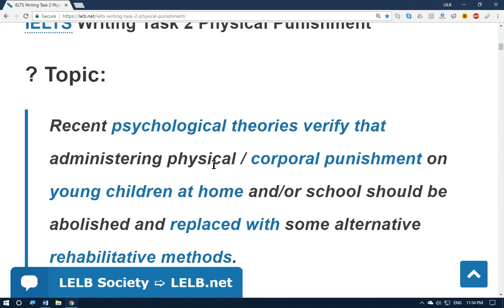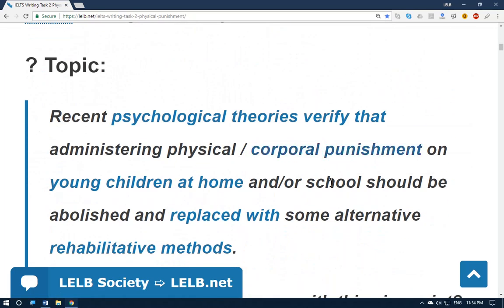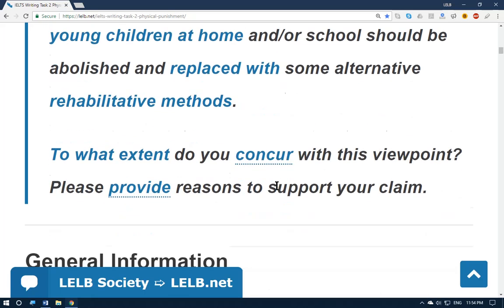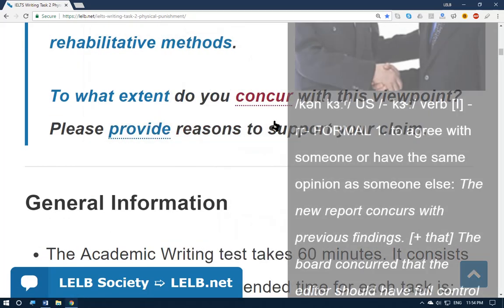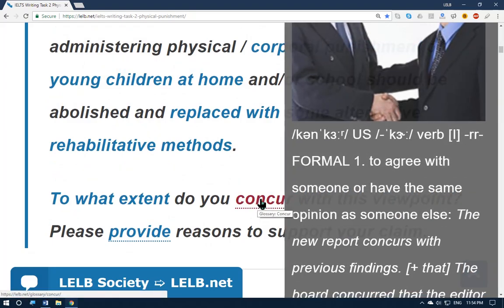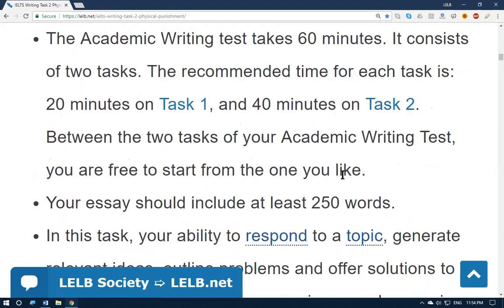Okay, before starting, let me show you the flashcards, because in the middle of this lesson I cannot zoom in and zoom out. So let me see. This is provide. There are concur, which means to agree. Yes, concur.